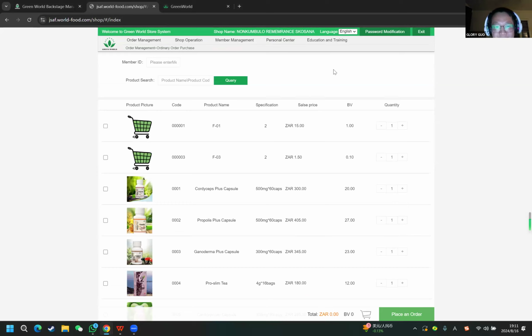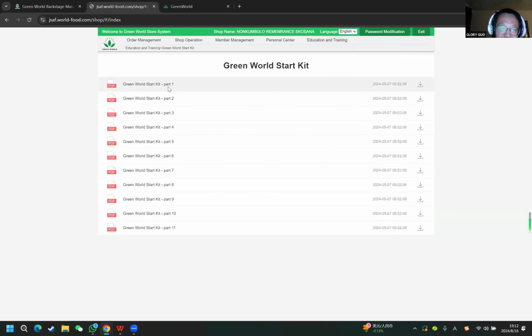And here, it's the same as the cell phone app. We have the same windows for both versions. The first thing I'm going to talk about is the education and training here. From this side, you can easily get Greenwood Start Kits. You can download it, share it, and transfer it to your business partners.